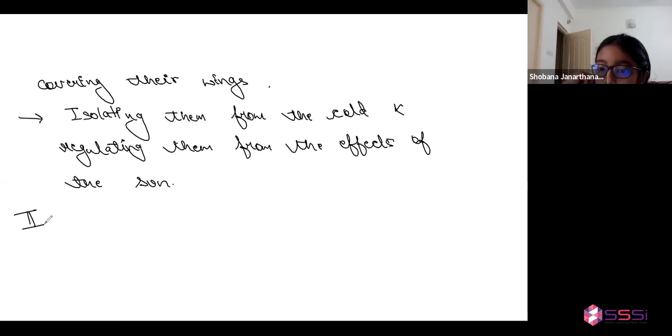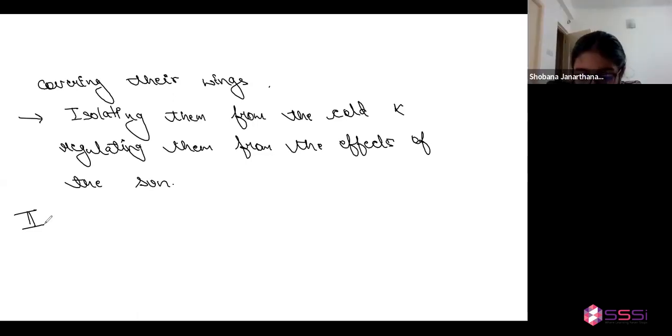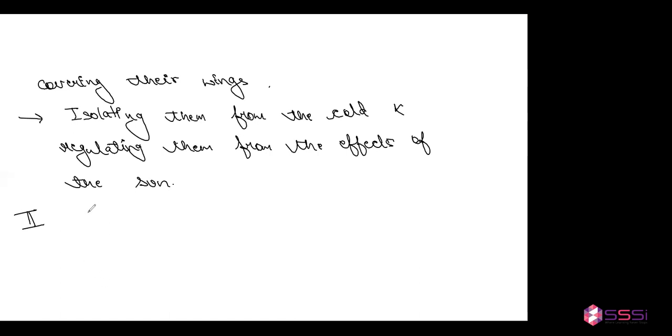Next I have animals belonging to higher groups. In my book, ma'am, it is animals belonging to higher groups, except reptiles, birds, and mammals. I tell you the basics. There are six basic animal classes.